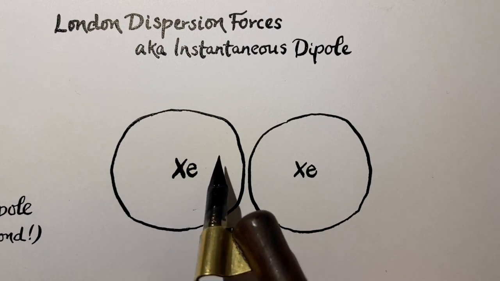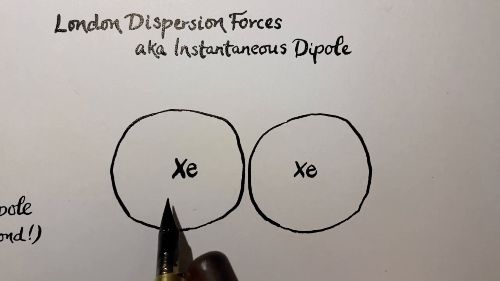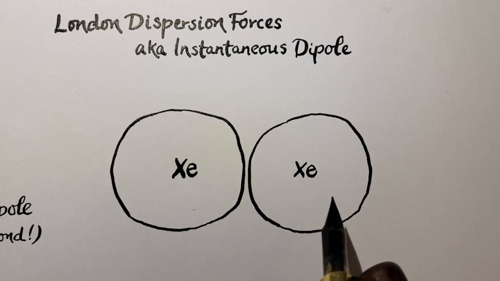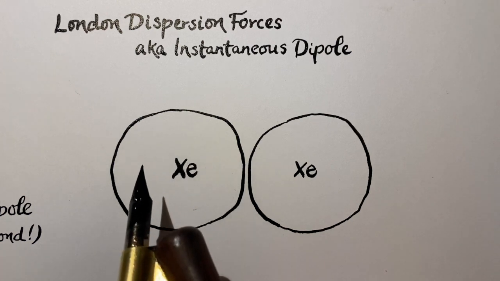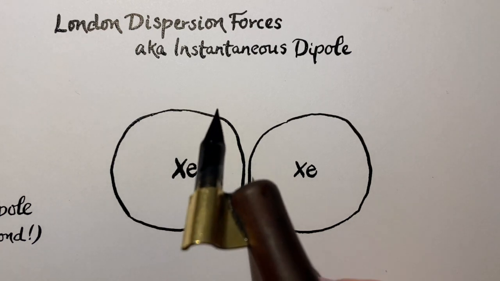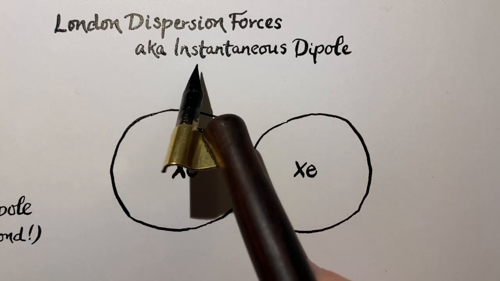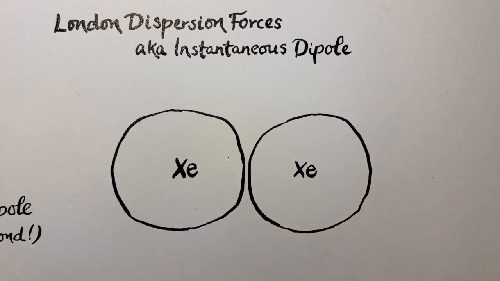So these electrons, they're in orbitals and they are doing their quantum mechanical dance. That's beyond the scope of what we're talking about, but the take-home is that there will be a moment when, perhaps just for an instant, you have some extra electron density on one side than the other.